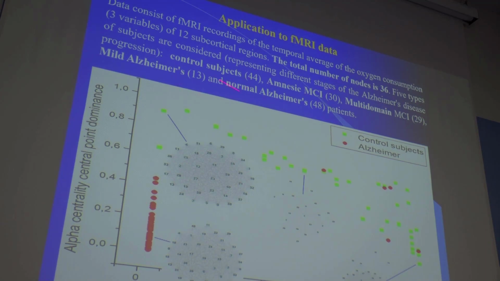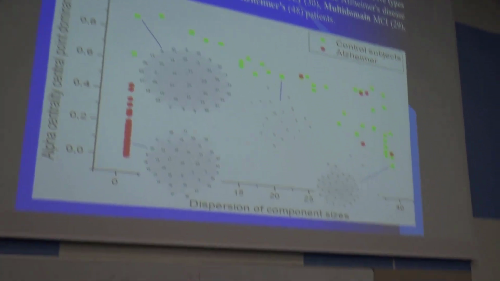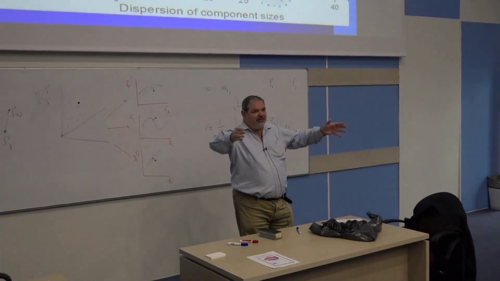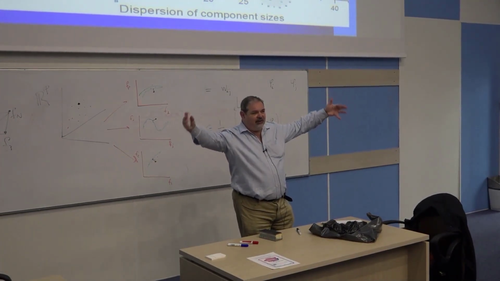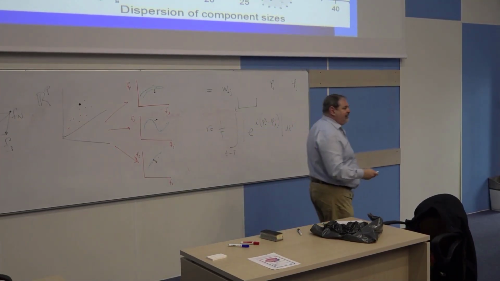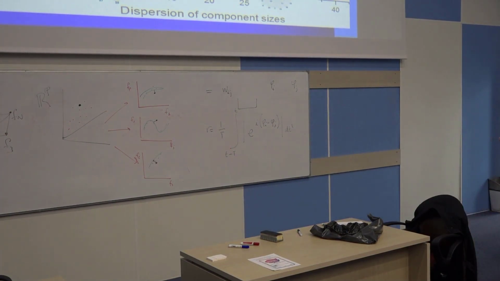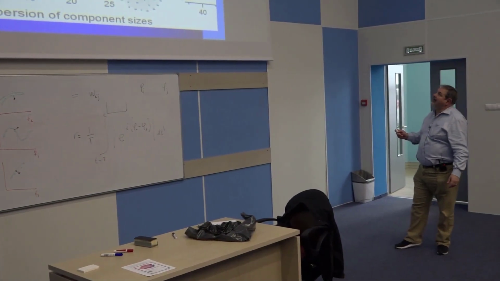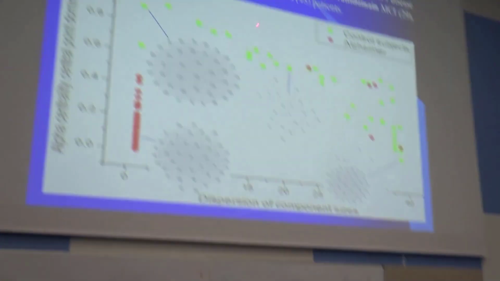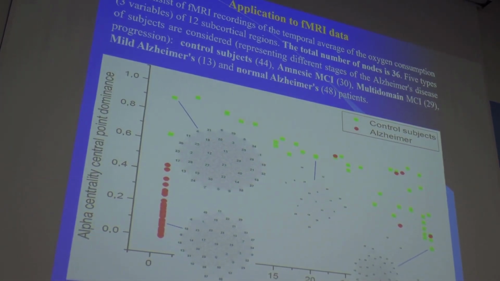We have control subjects, which are subjects who are healthy, but then we have different levels of Alzheimer's, and therefore we can discuss how a given subject is positioned within the typical evolution of Alzheimer's disease, which goes from the mildest case, the amnesic mild cognitive impairments, to the conclamated Alzheimer's.